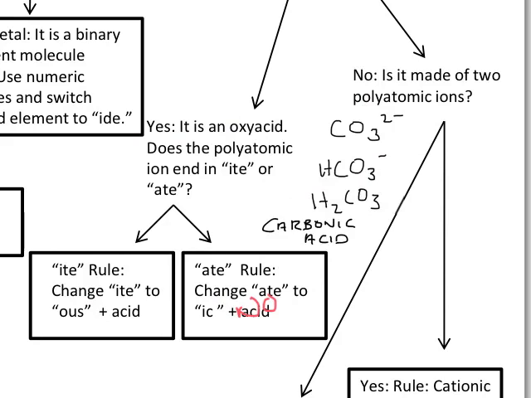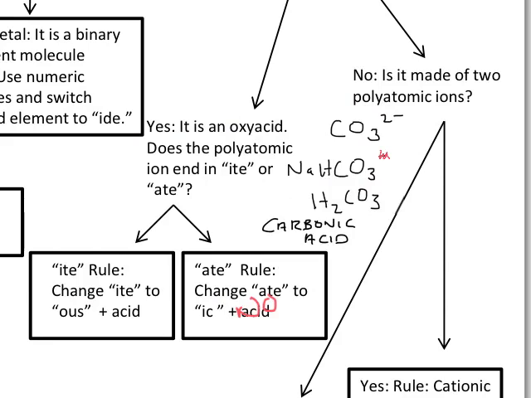Some students might get confused and want to call this carbonic acid also, because it is a hydrogen added to a carbonate. This is not yet a neutral species, so it will need some other element added to it. I wanted to erase that, just that X. I guess it's not going to allow me to, so remember that charge now.